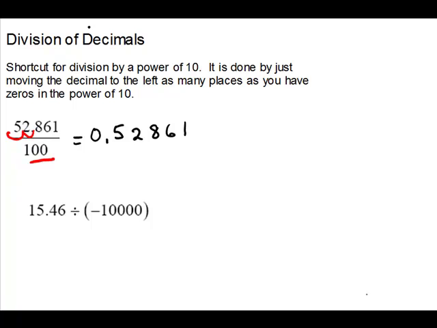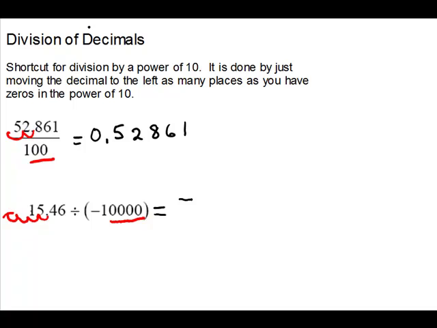Let's look at one more problem with this shortcut. 15.46 divided by negative 1,000. First of all, our answer is going to be negative because we only have one negative, and that is an odd number of negatives. And then for our shortcut, count your zeros in the power of 10. We have 4 zeros. Our decimal is going to go to the left 4 spaces. So 1, 2, 3, 4.